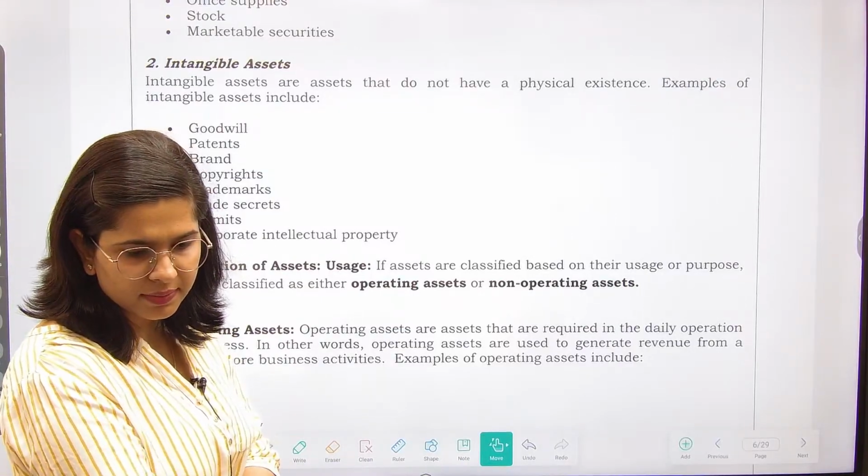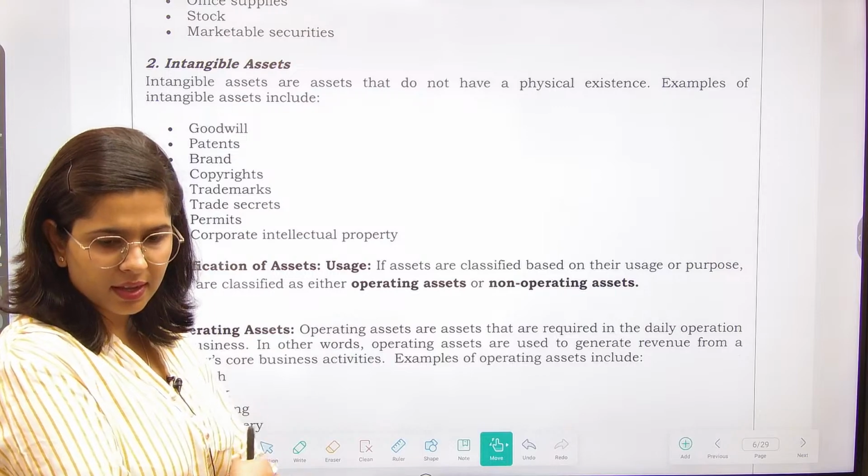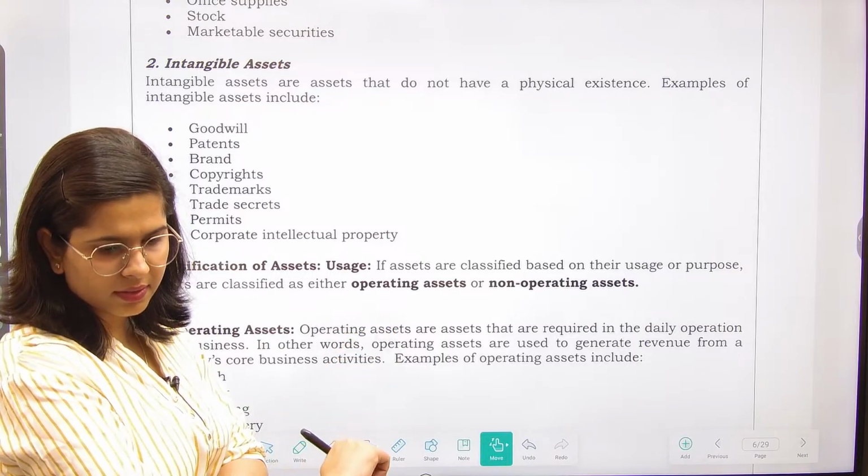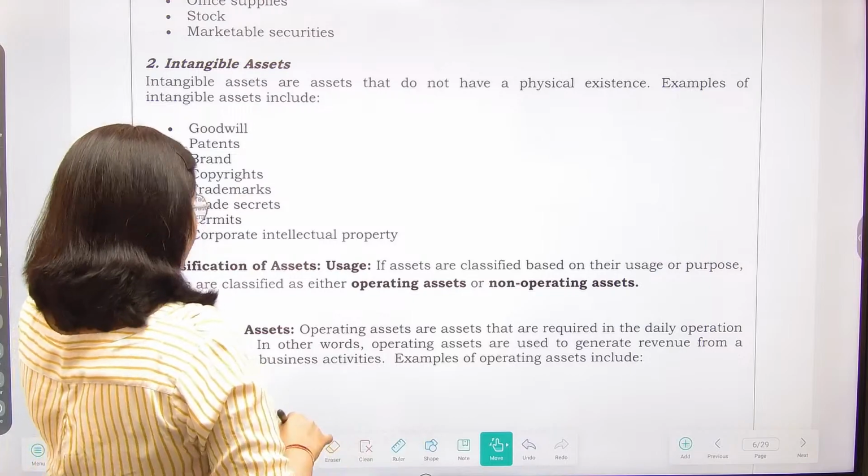Now it's perfect. ओके चलिए अब स्टार्ट करते हैं.